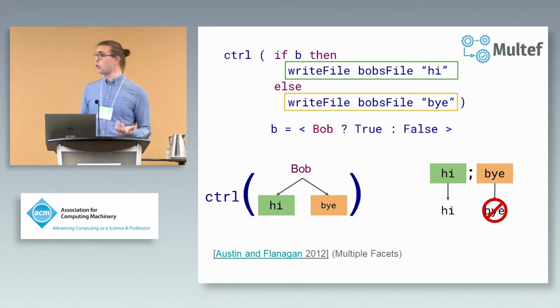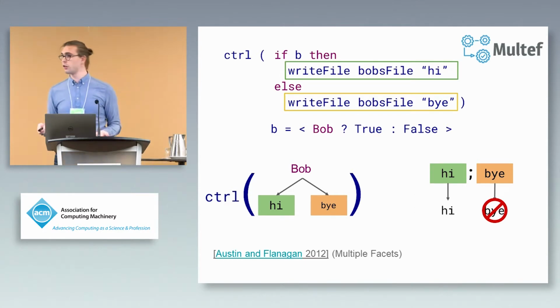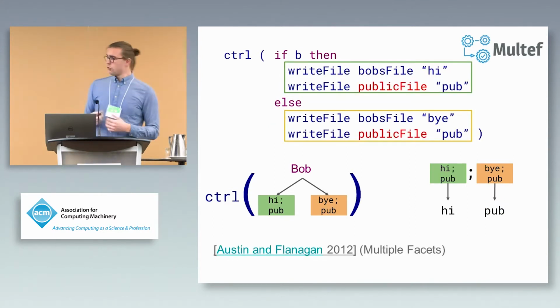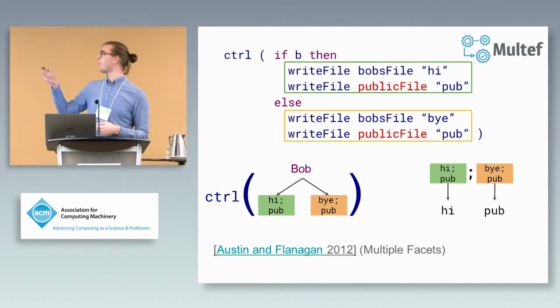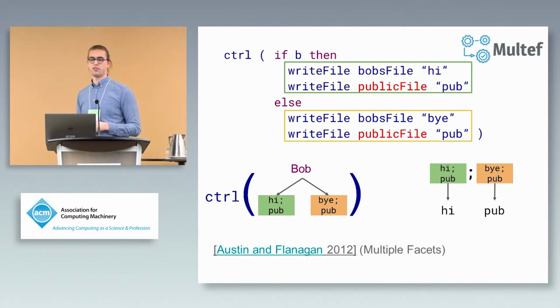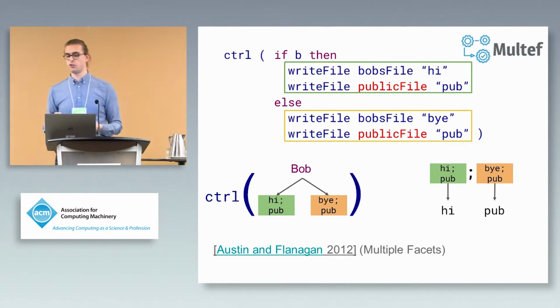Okay? So is this always the case? Do we always ignore the output when we don't get to see the secret? Of course not. Otherwise, this would all be very trivial, and we wouldn't be here. So here's a program which would be rejected by common systems, right? Now, you see that we have some control flow branching on Bob's sensitive value, and in both the computations, we write to a public file, right?